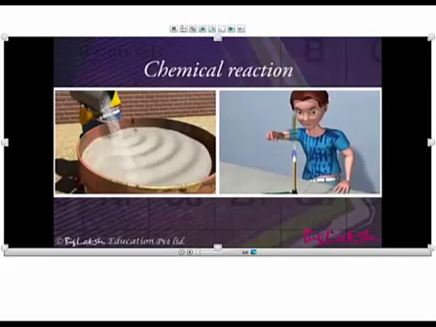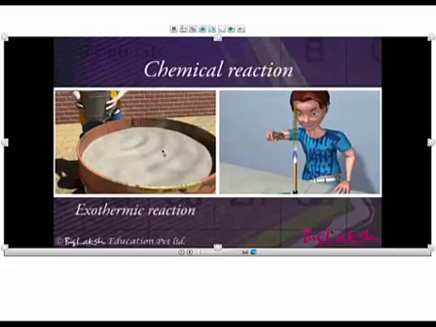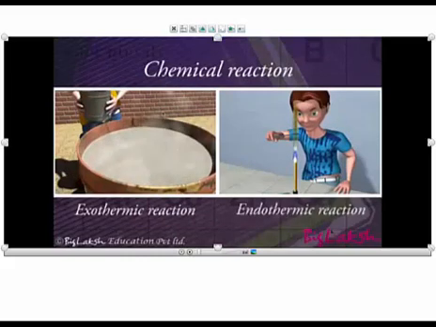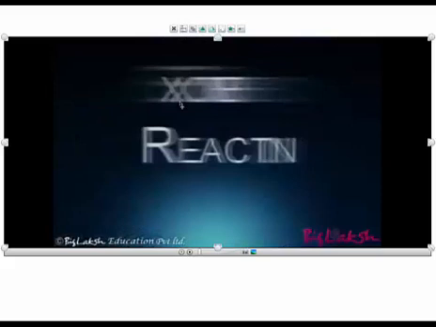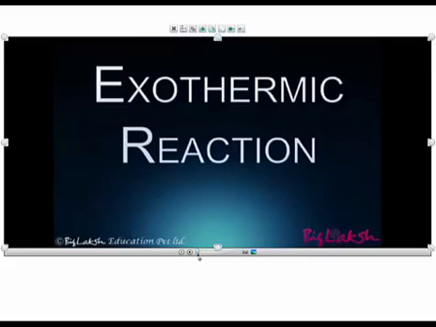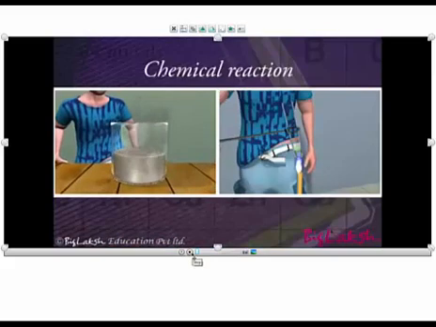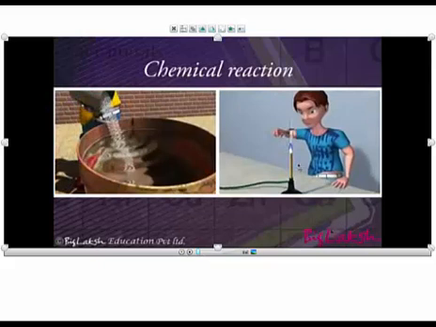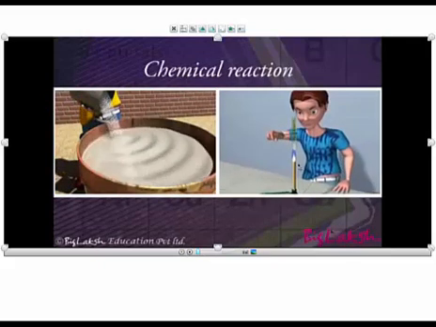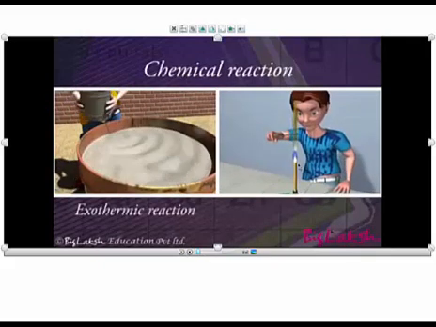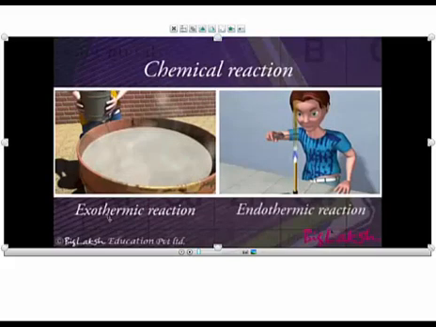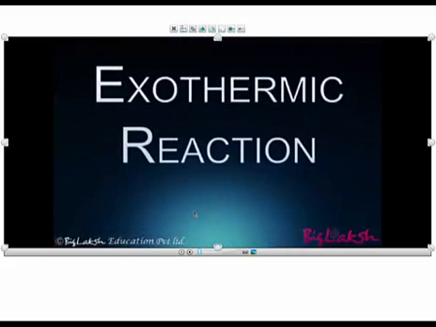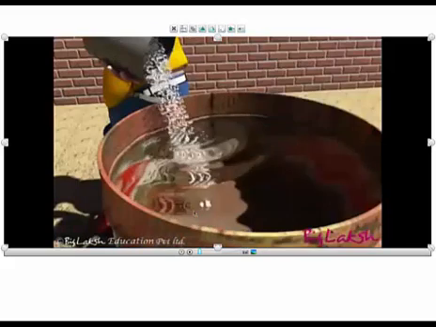In some instances, instead, it takes in energy. Here you are burning this and it has to take energy. So this one is taking in energy, this one is releasing energy. The one that releases energy is an exothermic reaction, and the one that takes energy is an endothermic reaction.